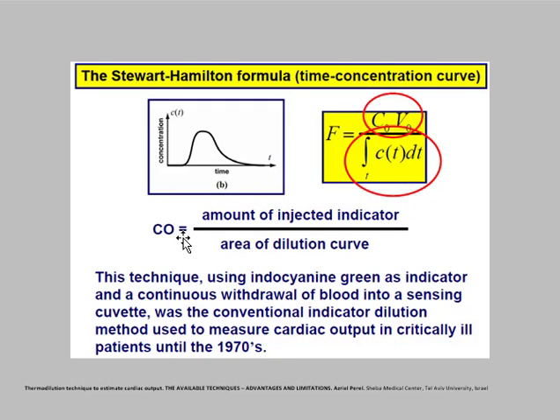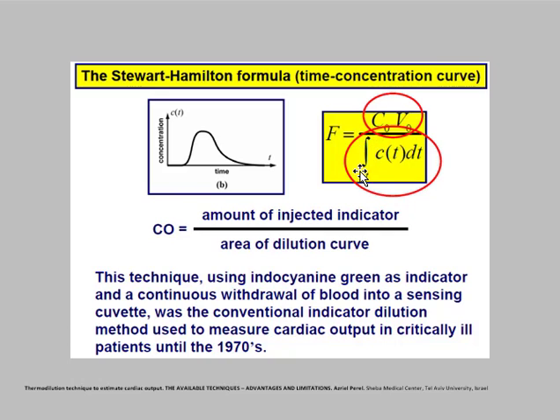He worked out a formula where flow equals C, the concentration of the dye, and the volume of the dye at time 0, the point when it was ejected, divided by the integral of Ct dt.